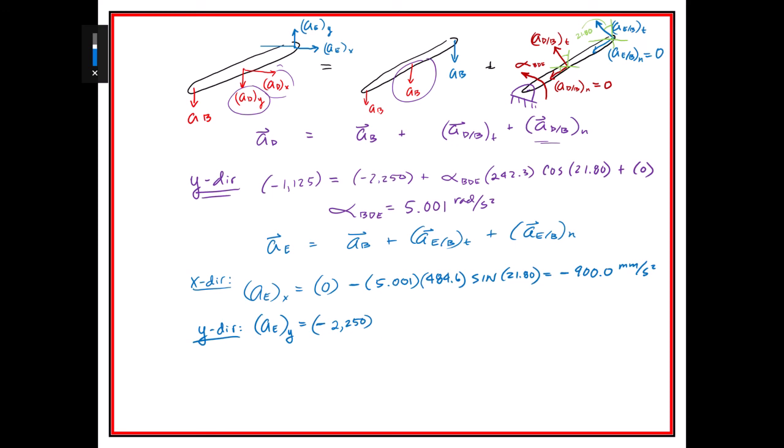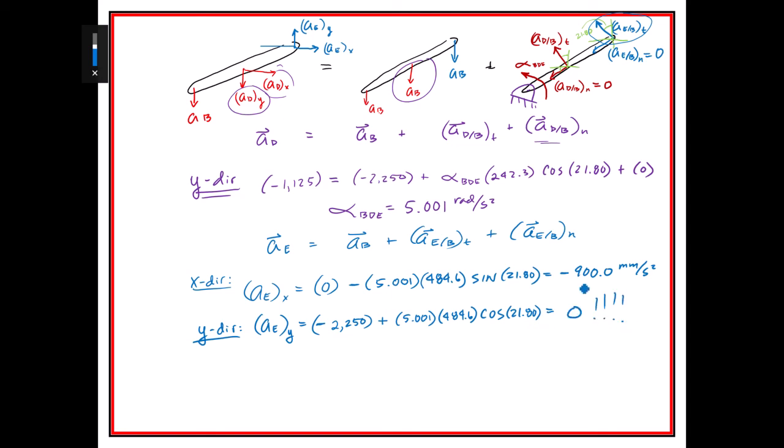And then we take a look at the tangential up here, and we see that it's going to be upward, so it's positive 5.001, 484.6, and now it's the cosine of 21.80, and we get the surprising result that it equals 0.